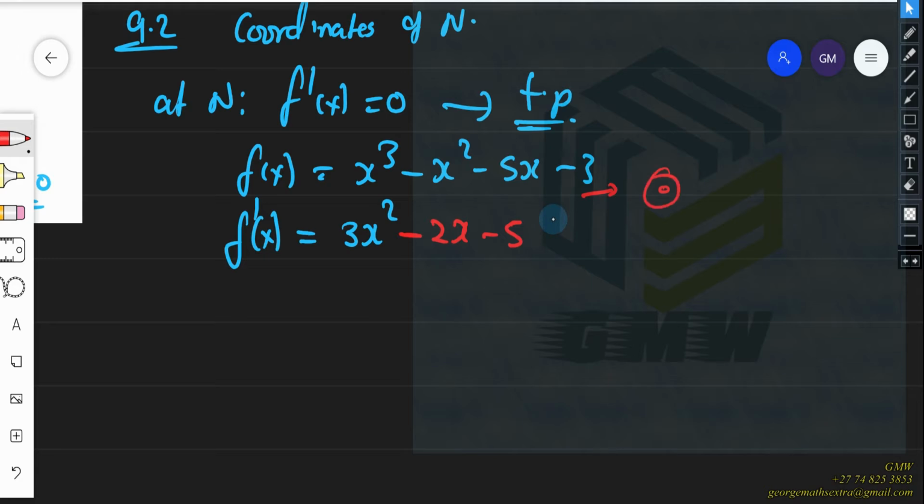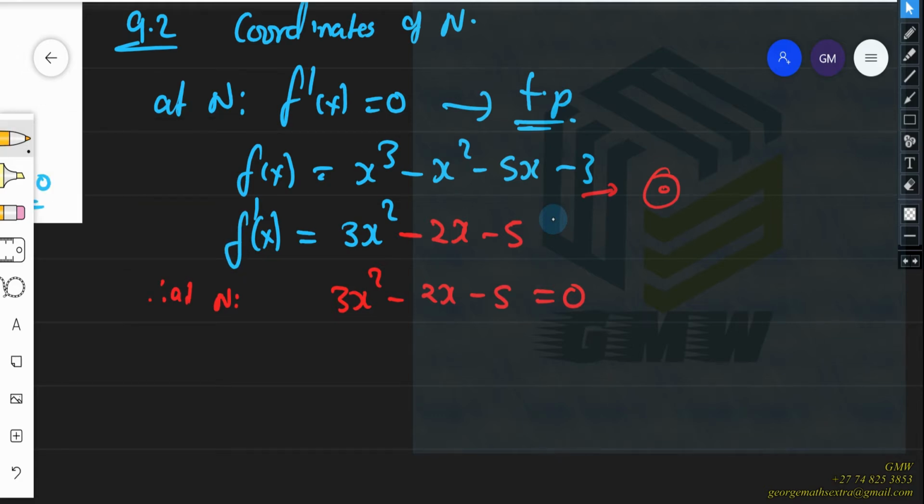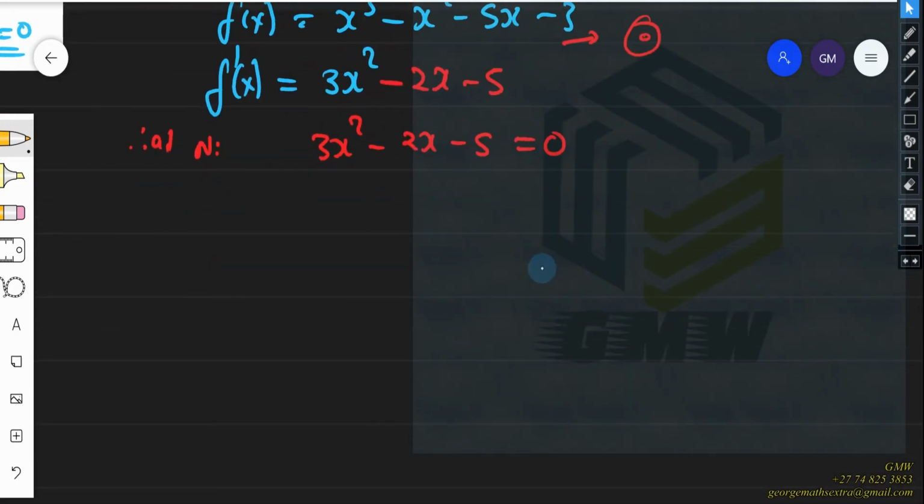Now, from this, we are saying, therefore, at n, 3x squared minus 2x minus 5 should be equal to 0, because at a turning point, the first derivative is 0. Now, we are solving a quadratic equation where a is 3, b is minus 2, and c is minus 5.